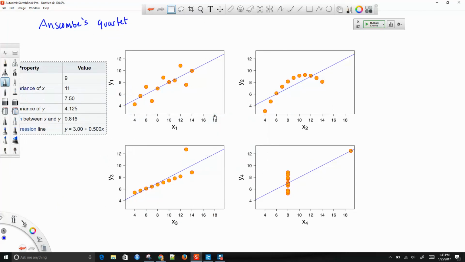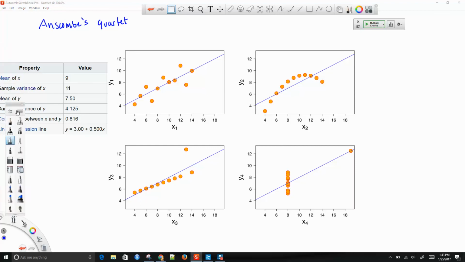Okay. All four have these properties. The mean of x is 9, the variance is 11, the mean of y is 7.5, and then the standard deviation of y. All of these have the same mean of x, all have the same mean of y, all have the same standard deviation of x, and all have the same standard deviation of y, and all have the same correlation r equal to 0.816.